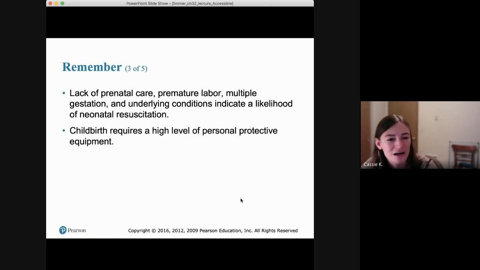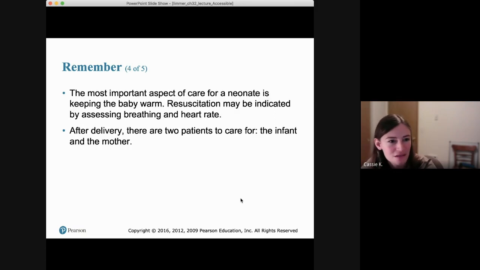Lack of prenatal care, premature labor, multiple gestation, and underlying conditions indicate a likelihood that we may need to be involved in neonatal resuscitation. Remember that childbirth requires a high level of PPE. It's a pretty messy process. The most important aspect of care for the neonate is keeping the baby warm.